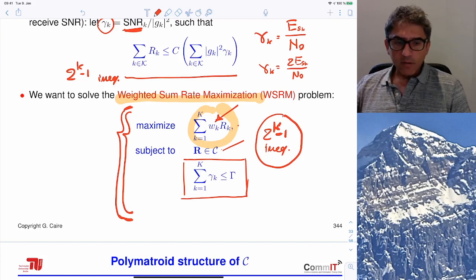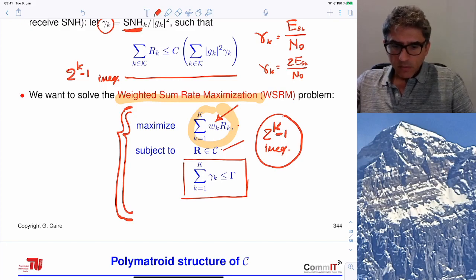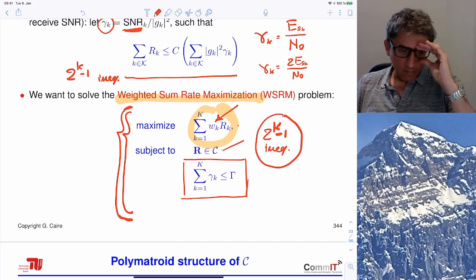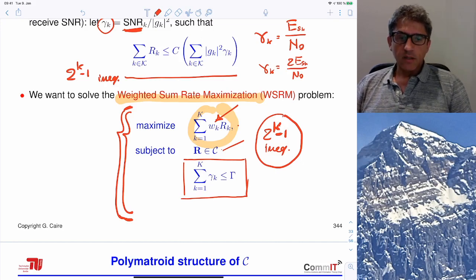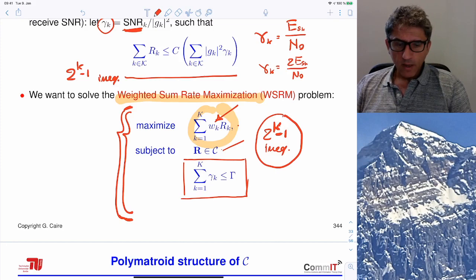And scheduling 30 users is absolutely doable. It's done in cellular systems today. A cell handles up to 60 or 100 users per sector. So this is commonly done. So you see immediately that if we are not smart, we cannot solve this problem easily.